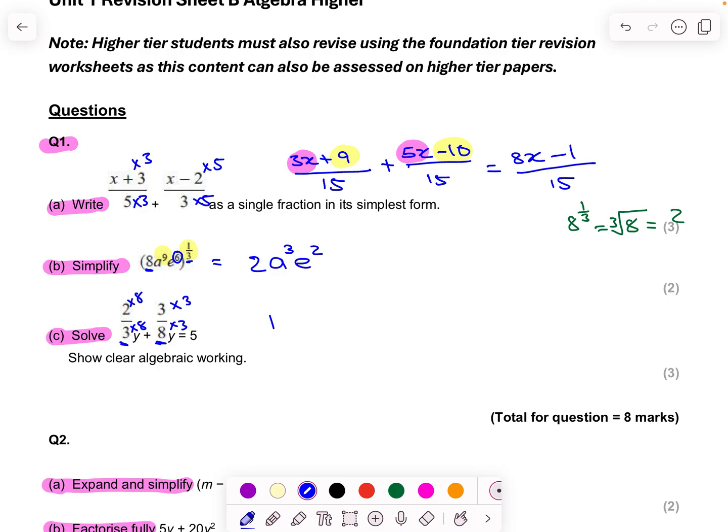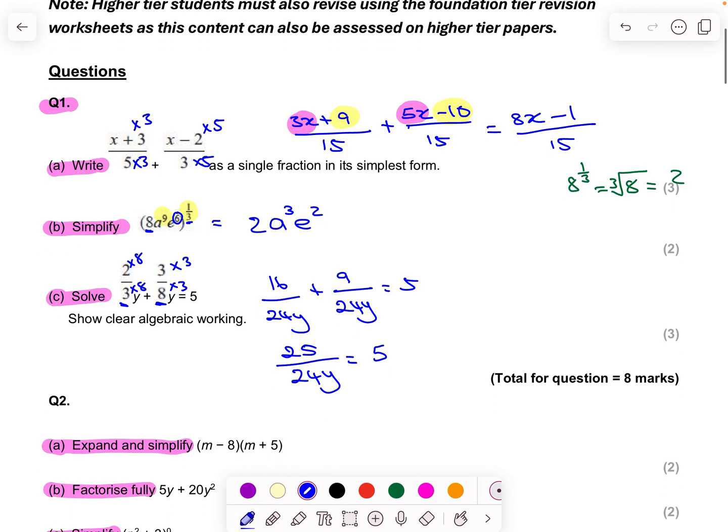So then I get 16 over 24y plus 9 over 24y equals 5. I put them together. 16 plus 9 is 25, so I get 25 over 24y equals 5.